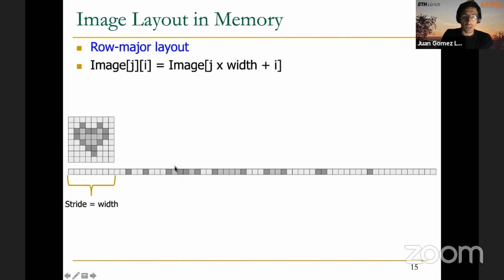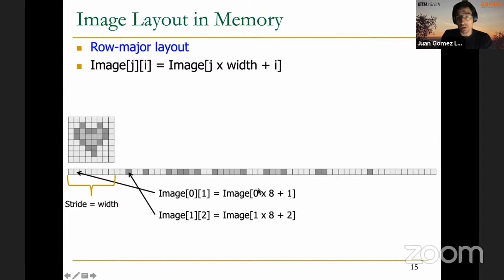So from the beginning of one row to the beginning of the next row, there is a certain stride, which is the width of the image in this case. And this pixel here, which is pixel 0, 1, actually resides in this address in the memory, in the global memory in the case of a GPU. And this is another example.